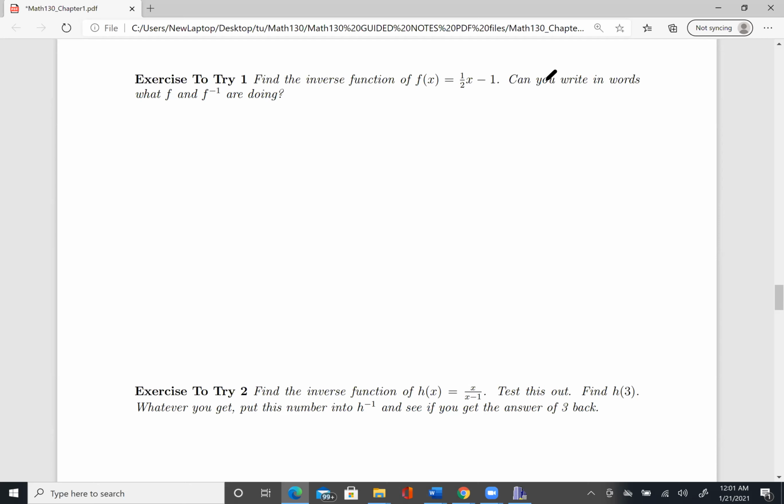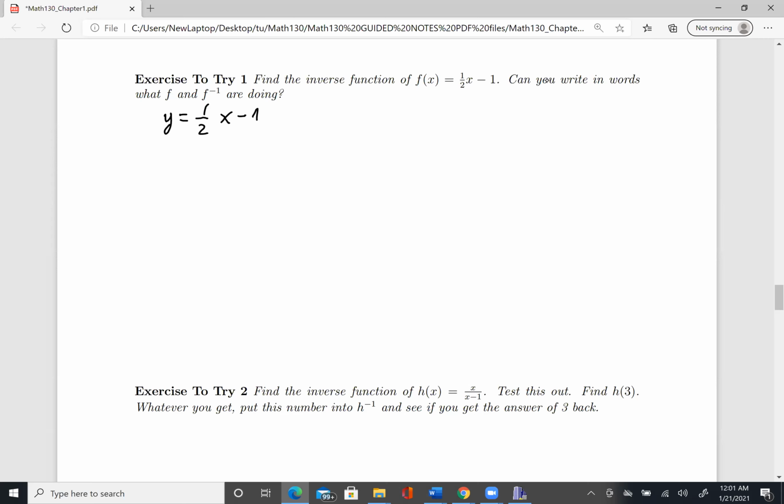Now I can start to solve it for you. Do you remember how to find the inverse function? Step 1, write y equal to 1/2 x minus 1.